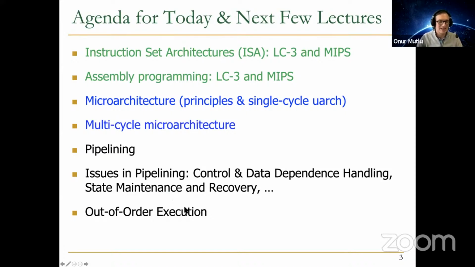And essentially, we're going to get very close to state-of-the-art CPUs today in terms of what they do in instruction processing to improve performance. So it's going to be a lot of fun, hopefully. We're going to tackle some really interesting issues in pipelining as well as out-of-order execution, which are not written completely over here. And then we're going to jump into other paradigms as well.